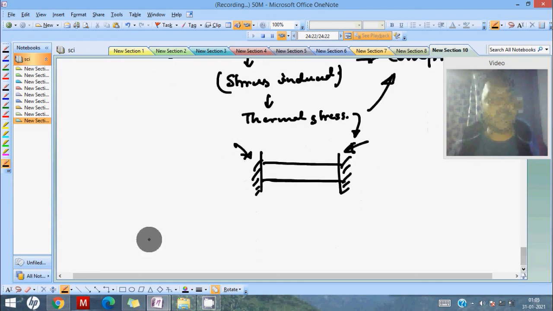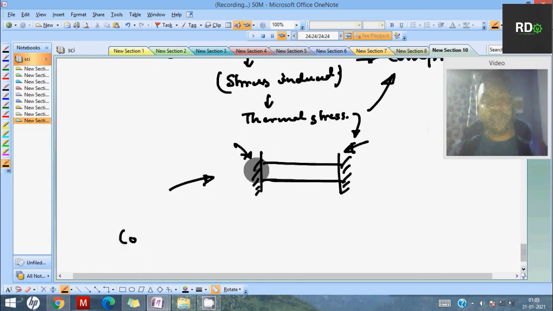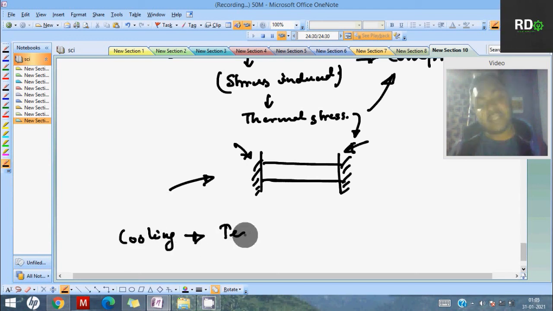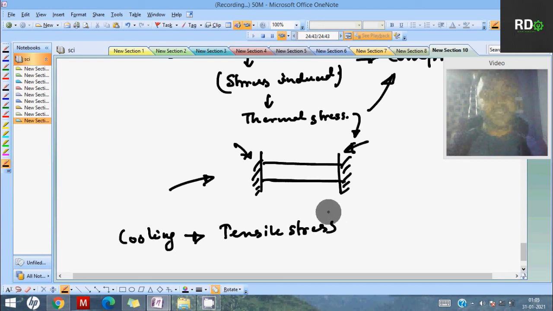Now, in the same beam fixed at both ends, if you do cooling, what will happen? The thermal stress that is developed will be tensile in nature, because it will shrink in size or in length. So the fixed support will try to pull it. So in case of cooling, it will be a tensile stress. Okay, so that much you have to remember regarding thermal stress.